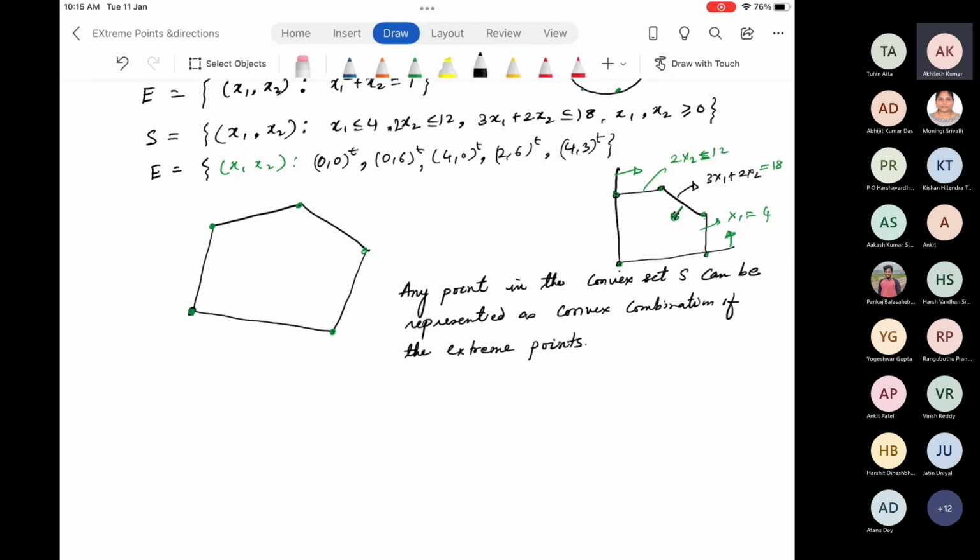Any point you pick, let's call it some x, and these are your x1, x2, x3, x4, x5. So this convex set is defined by 5 extreme points, and what I'm saying is that any point in the convex set S can be represented as a convex combination of the extreme points. Is this correct? Look at it carefully.